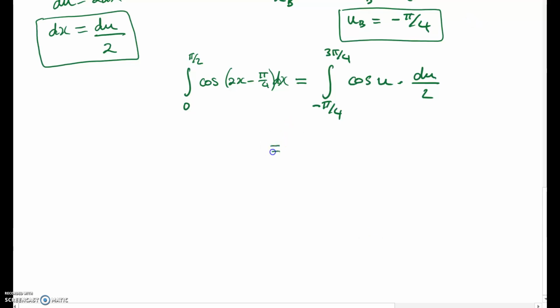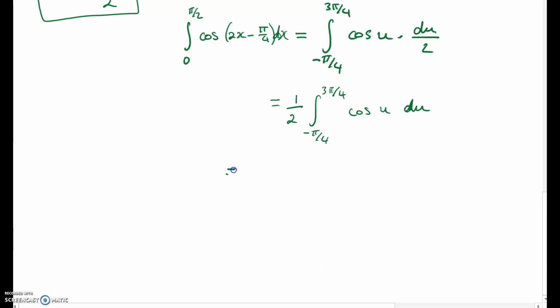which is going to be 1/2 times the integral from negative pi over 4 to 3 pi over 4 of cosine of u du. That's going to give you 1/2 sine of u from minus pi over 4 to 3 pi over 4.